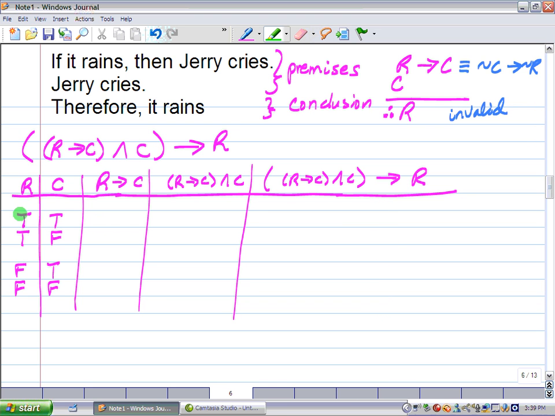So let's try. True implies true, because I'm doing R implies C. So true implies true is true. True implies false is the only false one we call. False implies true is true, and false implies false is true.